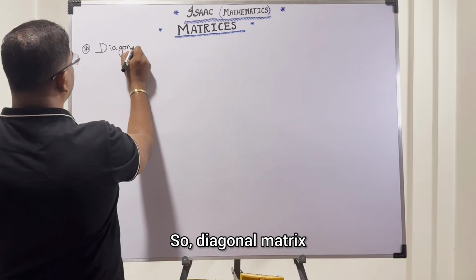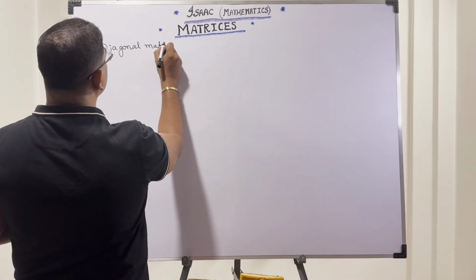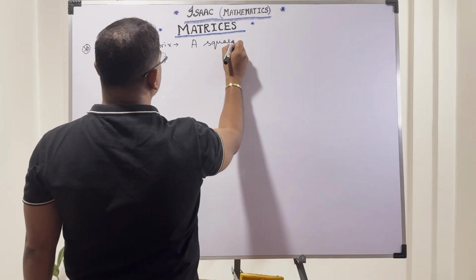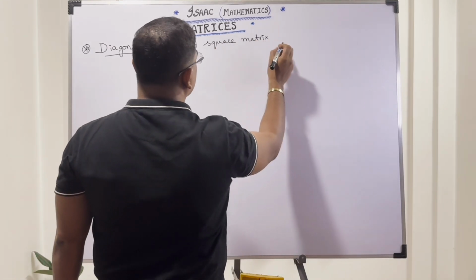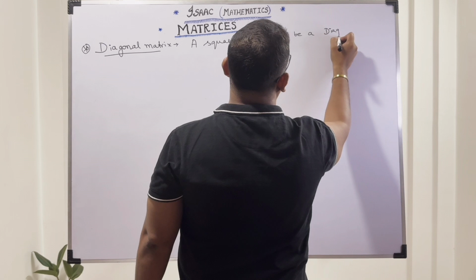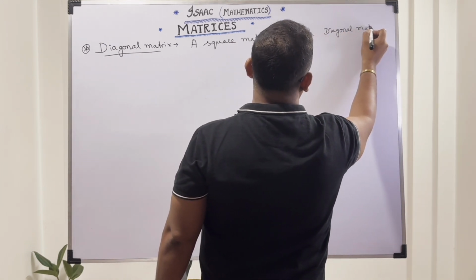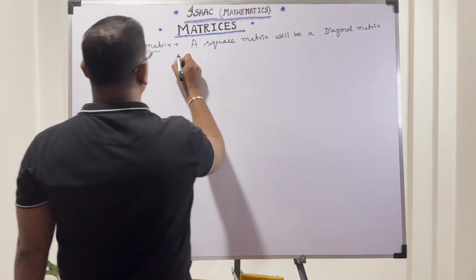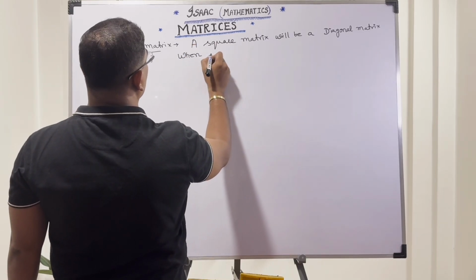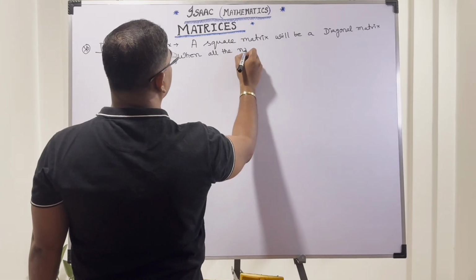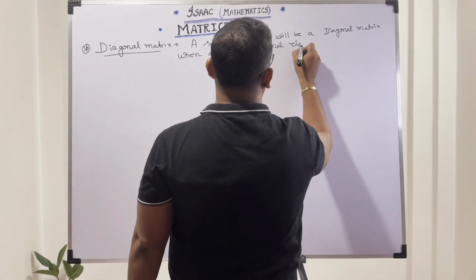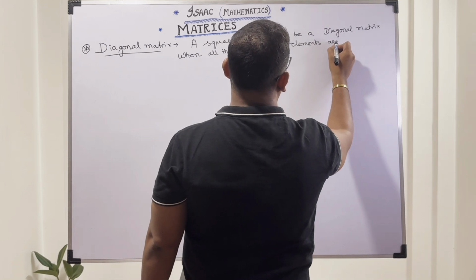so diagonal matrix. A square matrix will be a diagonal matrix when all the non-diagonal elements are 0.